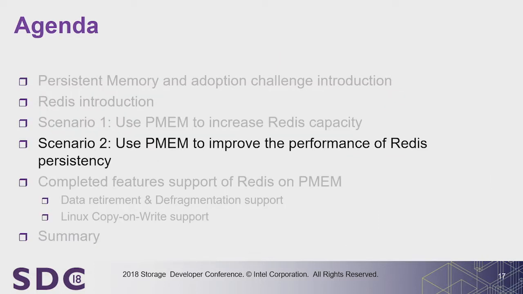So talking about the second scenario, which is more interesting, about persistency, right? Use the PMEM to improve the performance of Redis persistency, which is also a very interesting one, because in almost every scenario, keeping data durable and persistent is a big requirement for the end user, right?